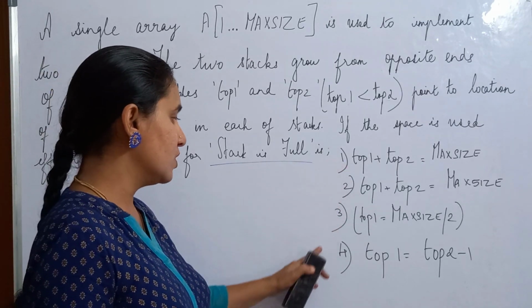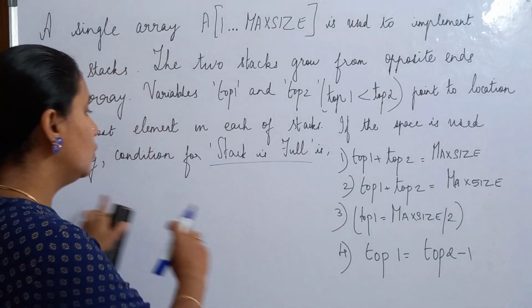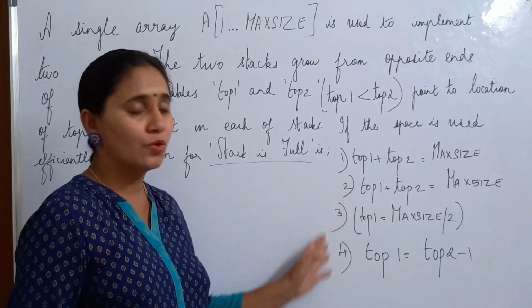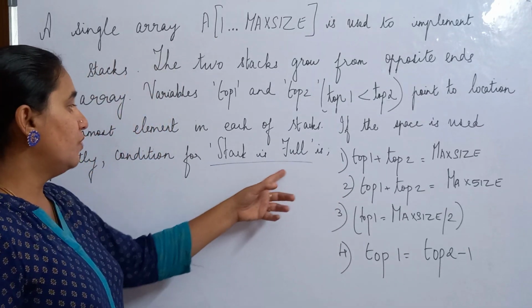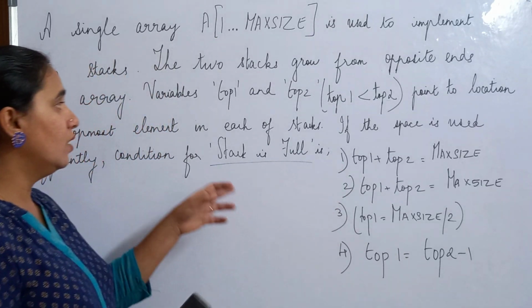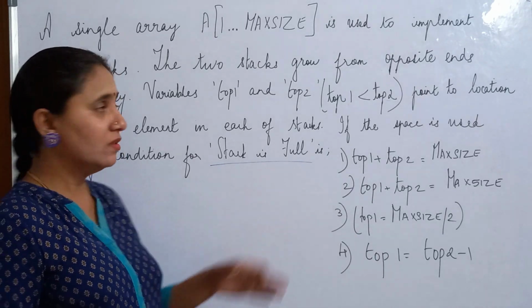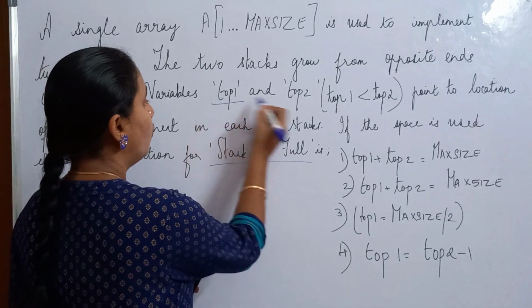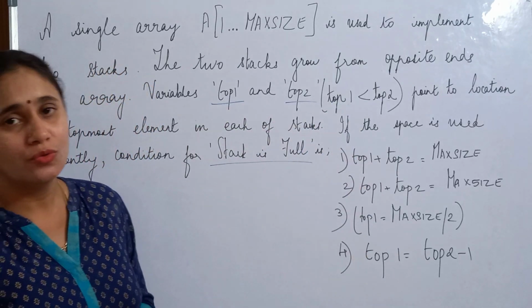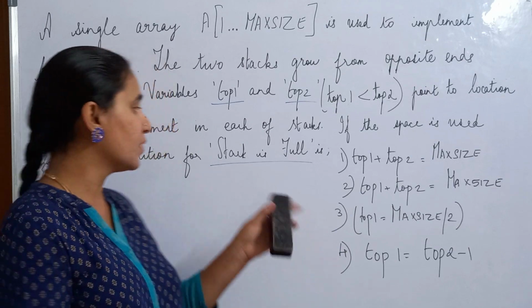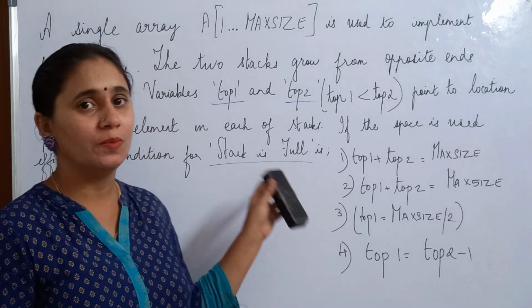Among the four options, by doing the manipulations, we must find which option is correct. To find whether the stack is full, we use the pointers top 1 and top 2, the topmost pointer values, for checking the condition.